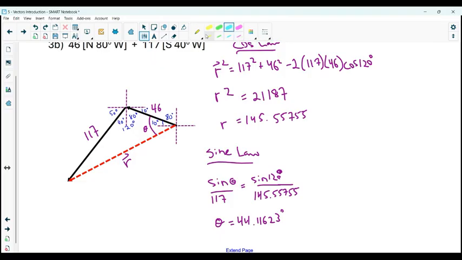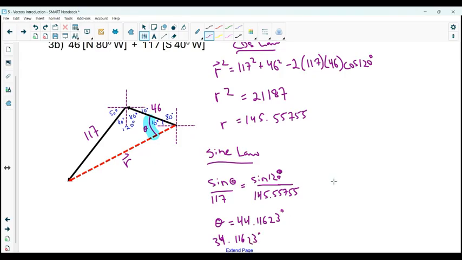Now I say, okay, that's the whole angle. Let me get my highlighter out here and say, that's this entire angle in here. And I know that that angle is made up of the bottom chunk and the top chunk. I know the top chunk is 10 degrees, so the bottom chunk has got to be 10 less than that. So the angle I'm looking for is going to be 34.11623.